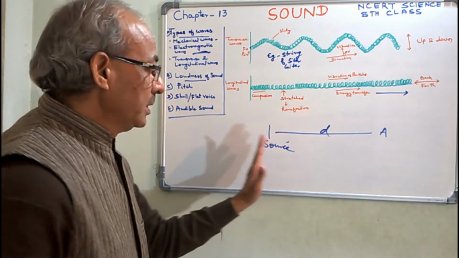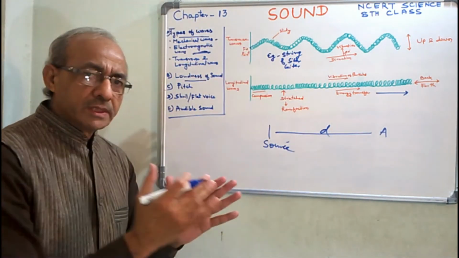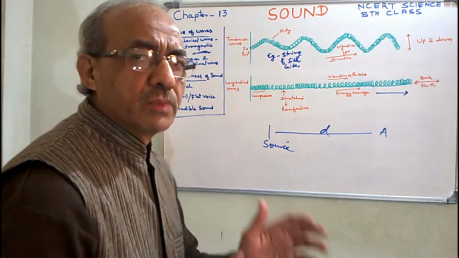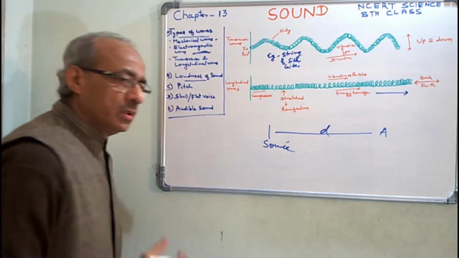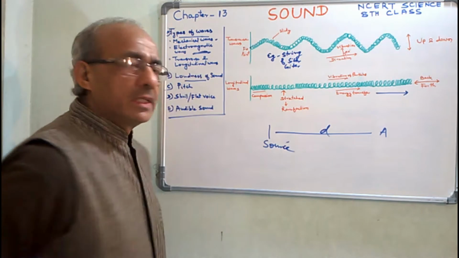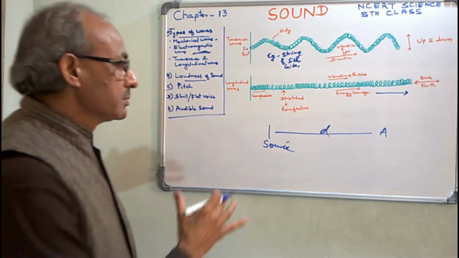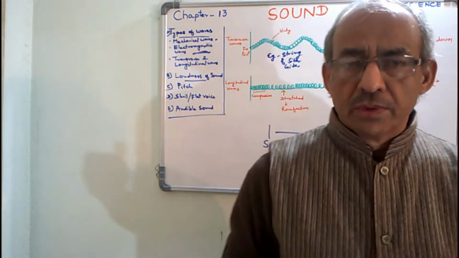If the distance between observer and source is decreasing, then loudness will increase. So here we may tell that the loudness of the sound depends upon the distance between the source and the person who is hearing the sound.